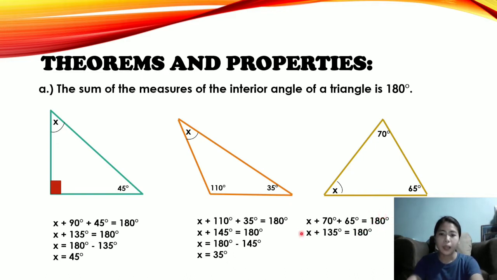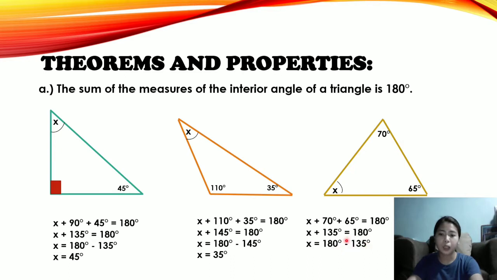So x plus 70 degrees plus 65, that is 135 degrees, and that is equal to 180 degrees. So x is equal to 180 degrees; we move the 135 degrees to the right side and change the sign.